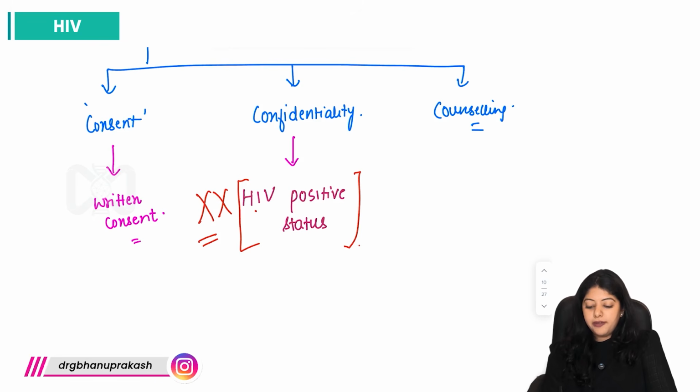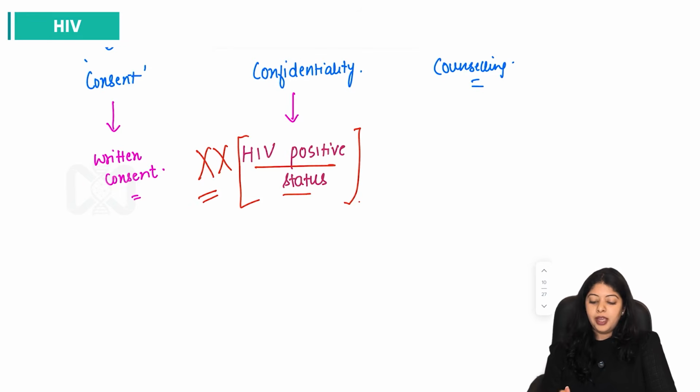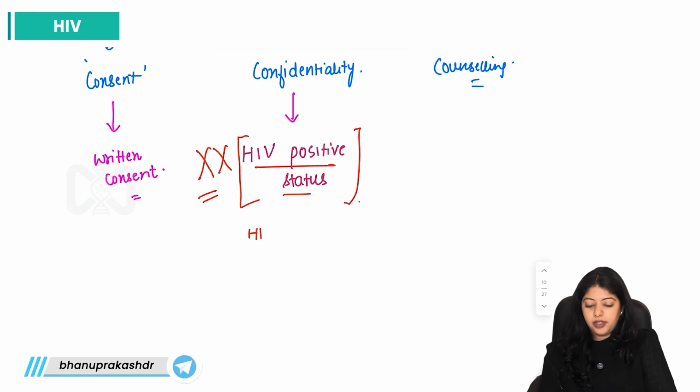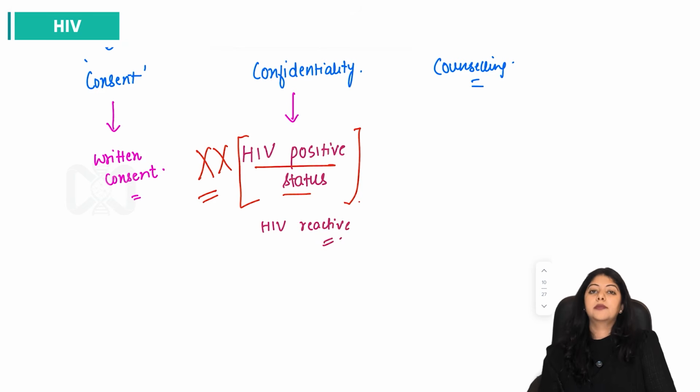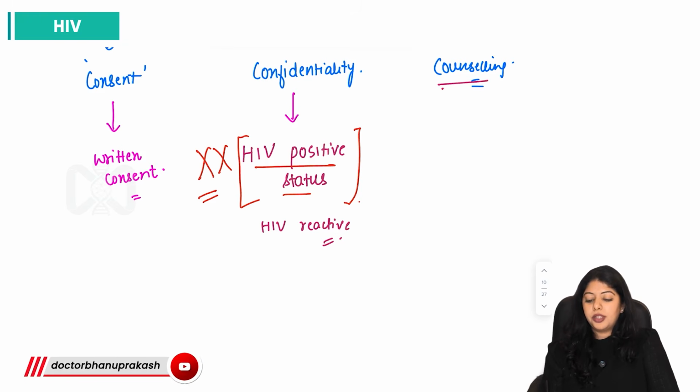So this kind of confidentiality has to be maintained for such patients, firstly. And then we never say it is HIV positive or negative for a patient. We write HIV reactive status. HIV reactive. One thing, right? And then comes the counseling.